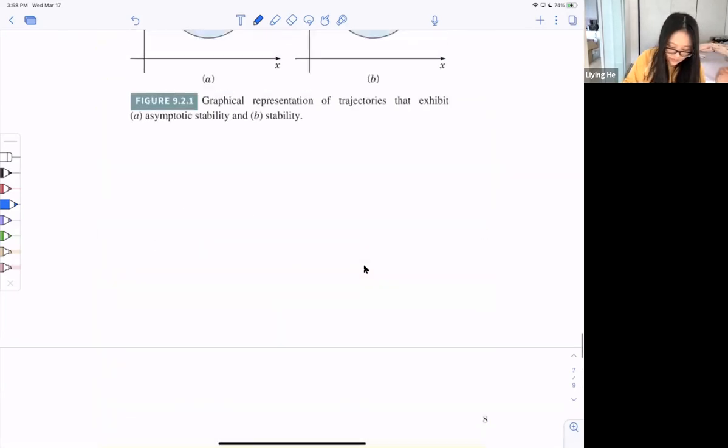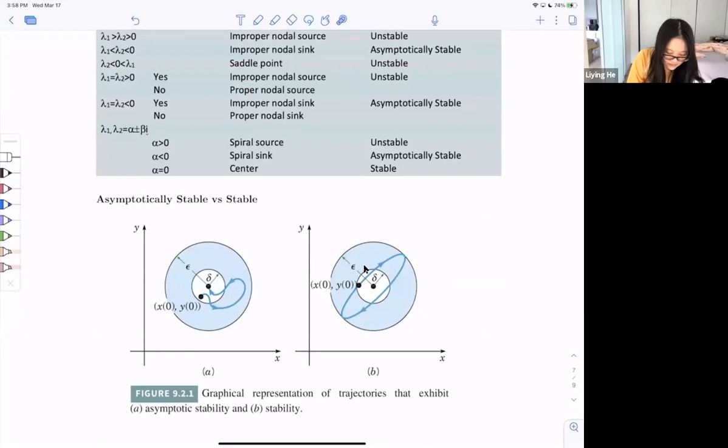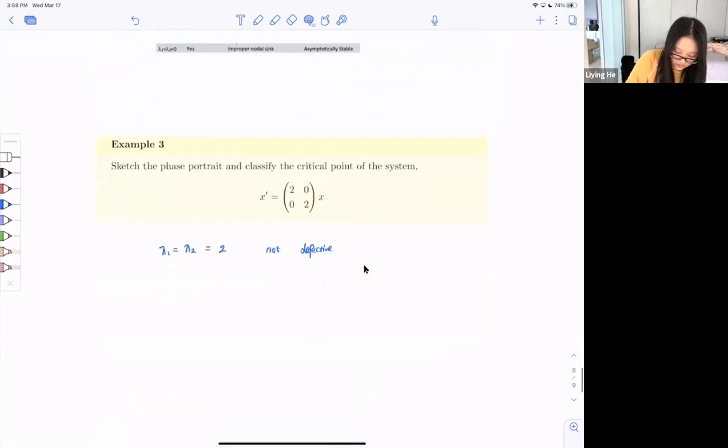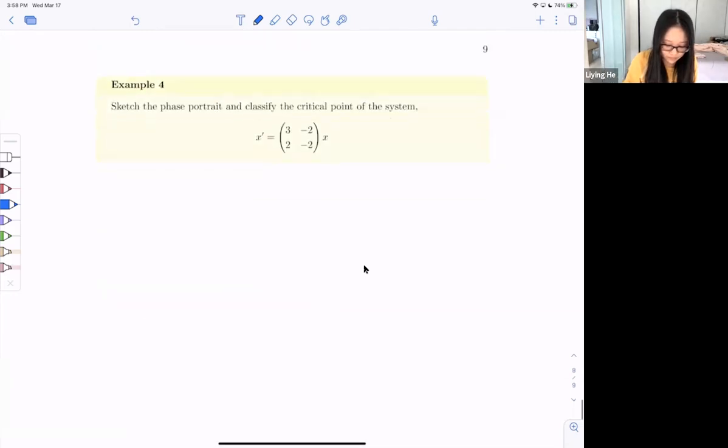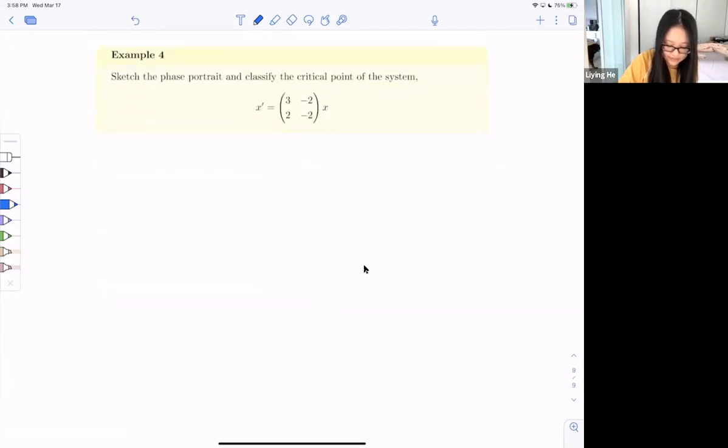Not defective means, since it's greater than 0, it's a proper nodal source, and it's unstable. Copy. So it's unstable, proper nodal source. Okay, that's 3. Let's do 4. Again, I'll give you some time. Try 4.